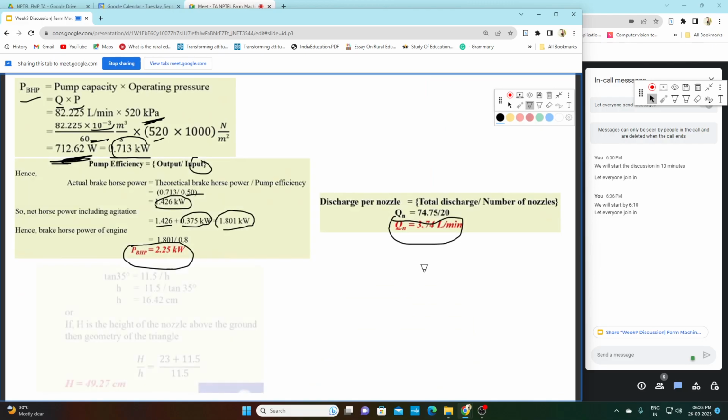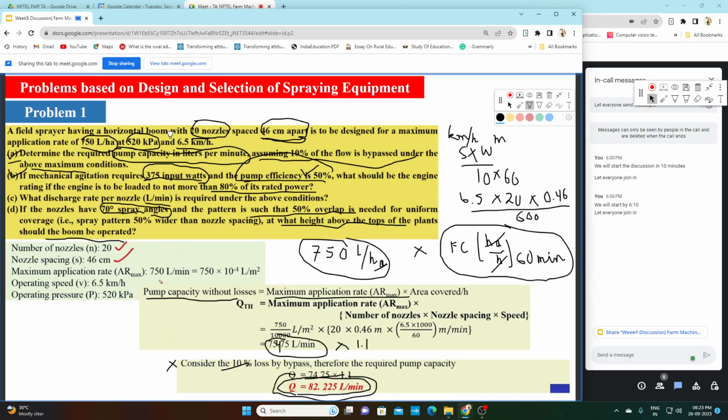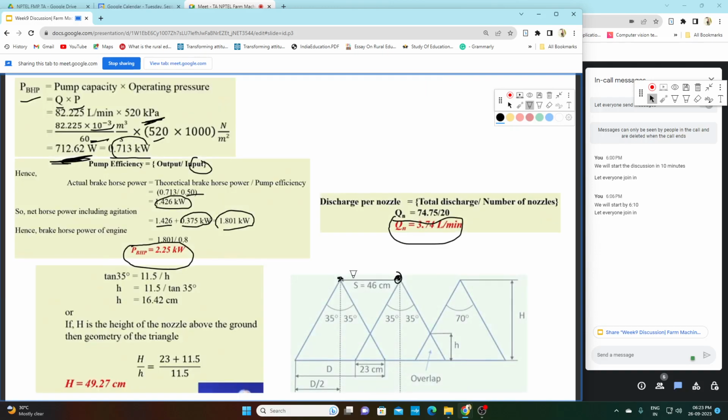So we will be checking the geometry of the spray, the geometry of the nozzle. Here this is one nozzle, this is the second nozzle, and in the first part of the question we know that the nozzle spacing is 46 centimeters. Let me mark them 1 and 2. The distance between the first nozzle and the second nozzle is 46 centimeters.